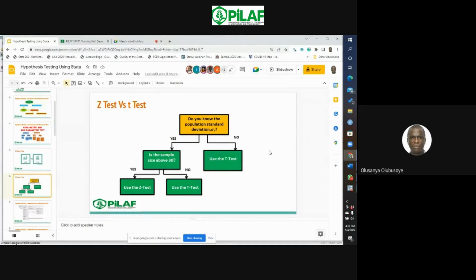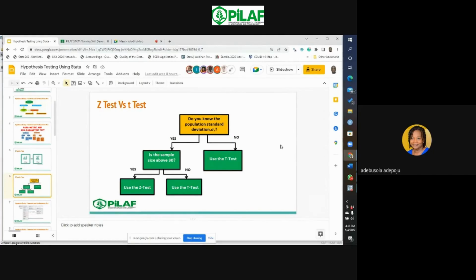You are the one who will answer now. Look at this. Are you able to see my screen? Okay, so if the population standard deviation is not known, and the sample size is more than 30, which part of this diagram falls to that condition?